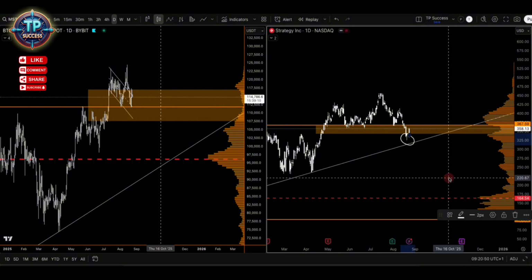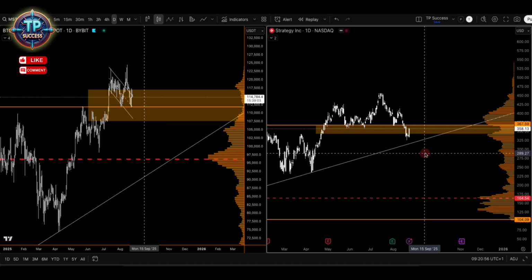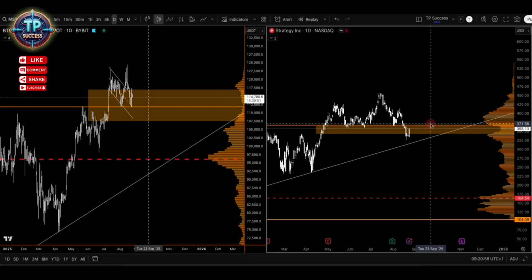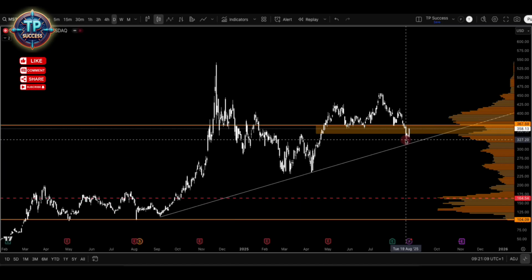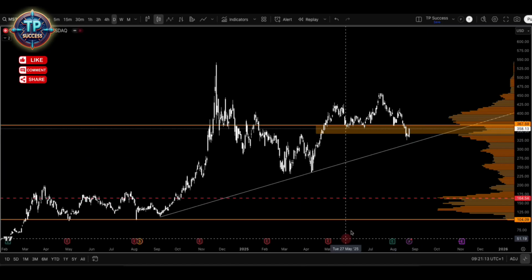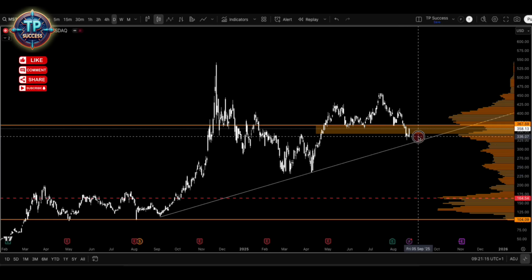So as it stands, until we get price close above 171.58, I'll be of the mindset that MicroStrategy might want to play around at this level a little bit longer. It might want to play games at this level for a little bit longer.